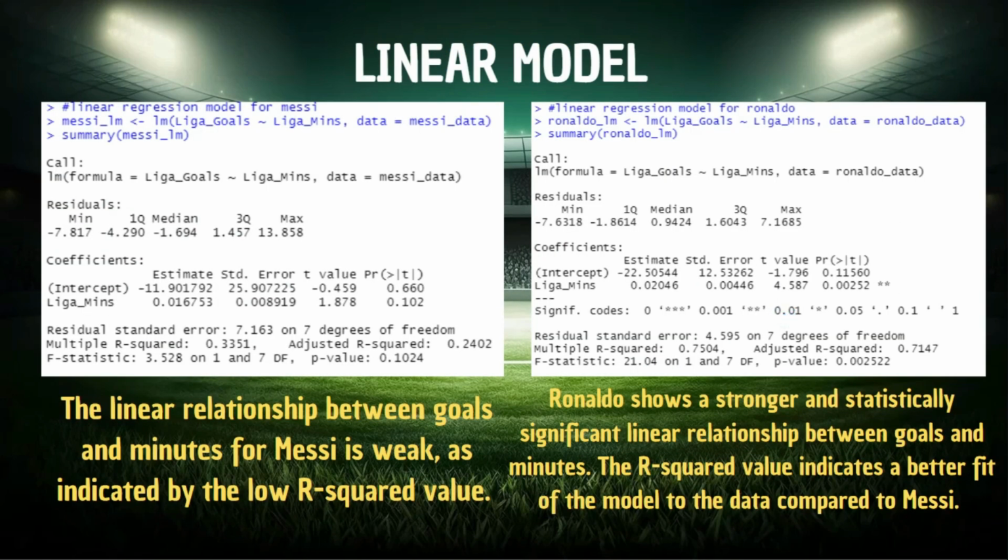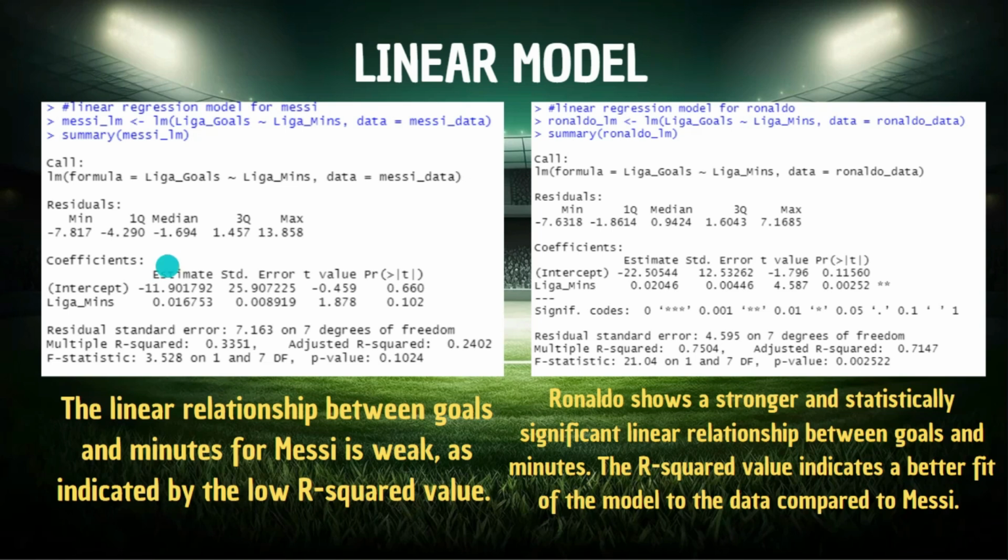So here's a linear model giving a summary. We could see that the linear relationship between goals and minutes for Messi is weak, as indicated by the low R squared. And you can see that the intercept is negative 11.9, which is not statistically significant, and the p-value is 0.66.